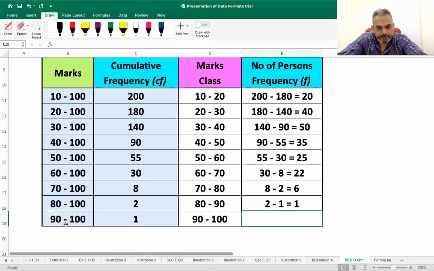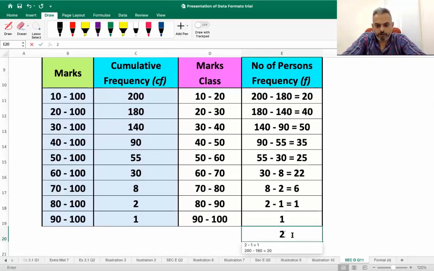2 minus 1 is equal to 1. And 90 to 100, pay attention please, 90 to 100 is already given to us. 90 to 100 is 1. So let's check: 20 and 40, 60 and 50, 110, 110, 170, and 30, 200. So total 200.